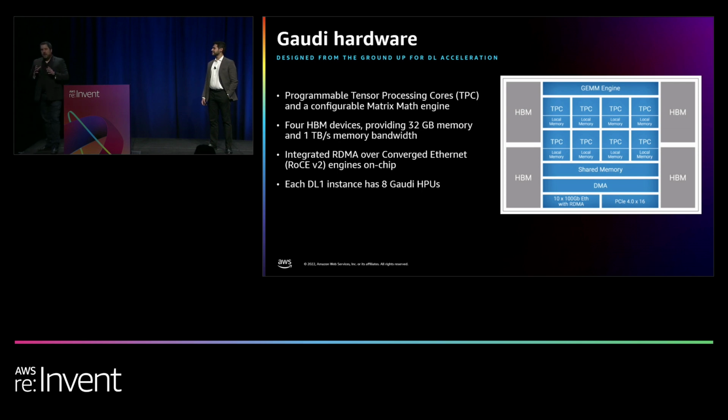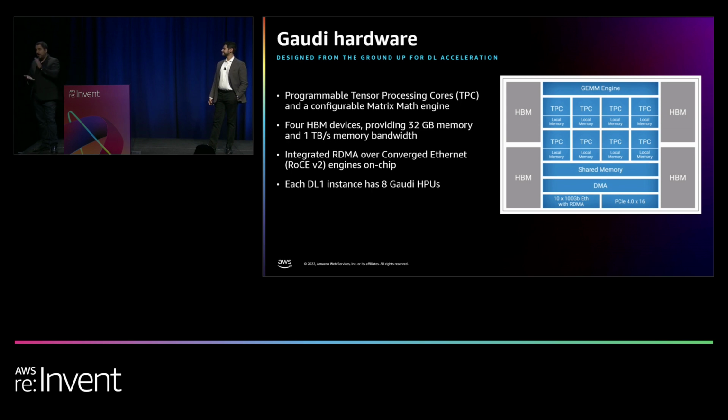And finally, the most innovative part, the part that really stands out, is on the bottom. You'll see 10 times 100 gigabit Ethernet. So Gaudi has 10 100 gigabit Ethernet ports on die. In this case, in the picture that Vij showed you at the beginning of the presentation, where all 8 Gaudis were connected, we're not using a separate host NIC. We're not using a separate controller.